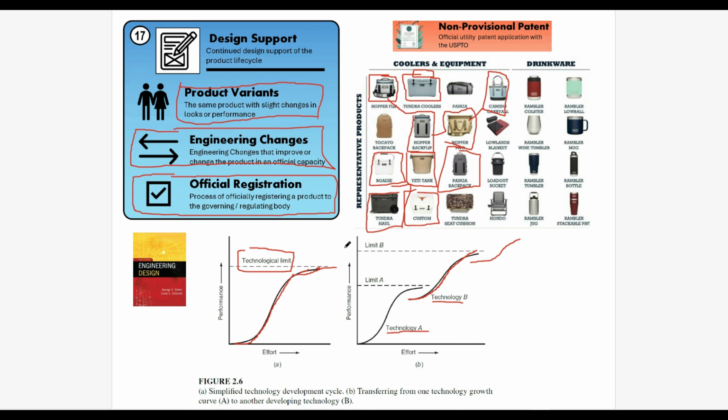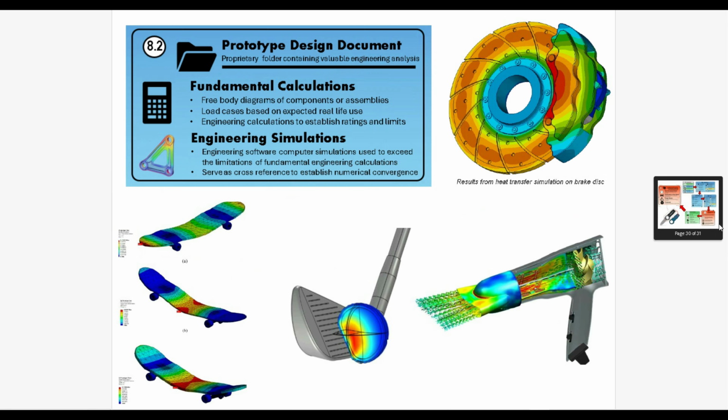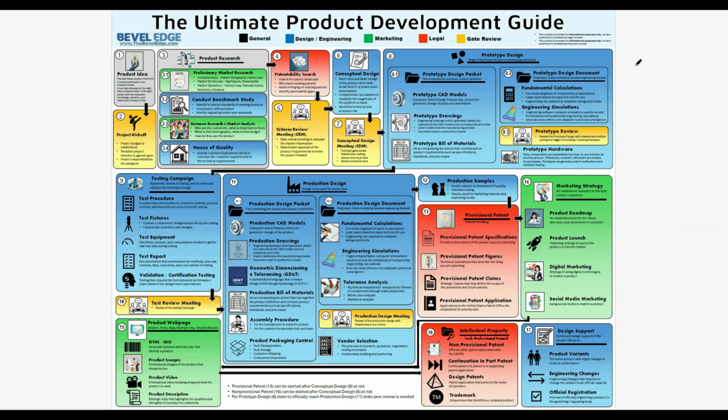But anyways, this is the last slide here of the Ultimate Product Guide. And let's go back to the very beginning again and take a look. So we've taken you from the actual idea, conception, to product research, patentability search, conceptual design, prototype design, test campaign, actual final production design version of your design and your idea or your product, split into two.